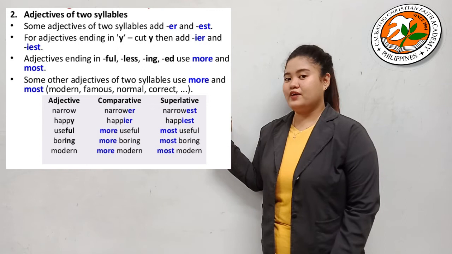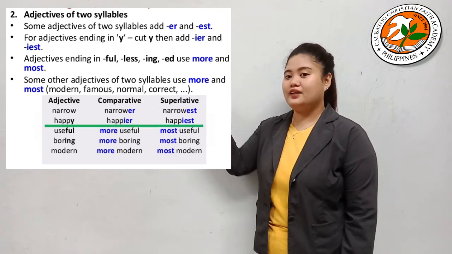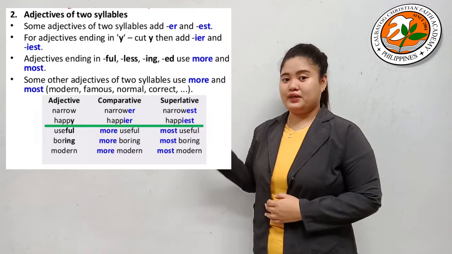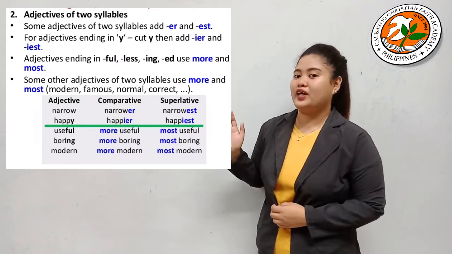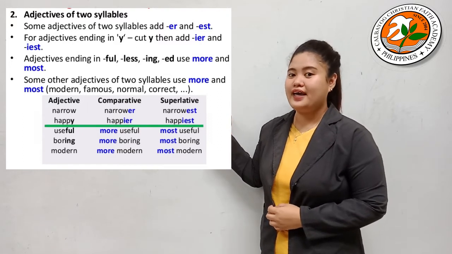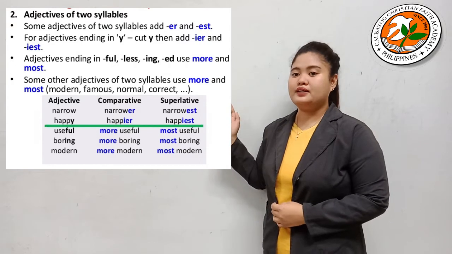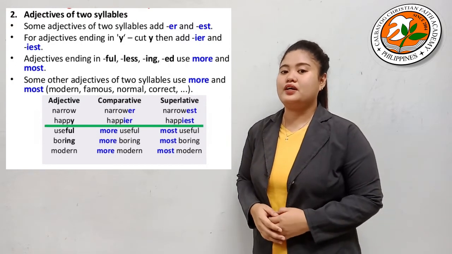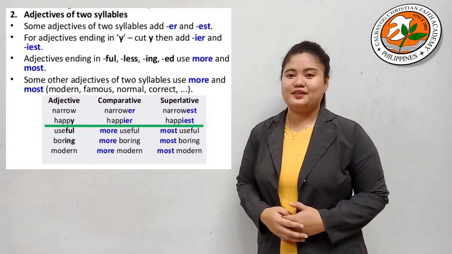So happy, in the comparative degree, becomes happier: we change the Y into I and add ER. In the superlative degree, same as in the comparative degree, we change Y into I and we add EST.